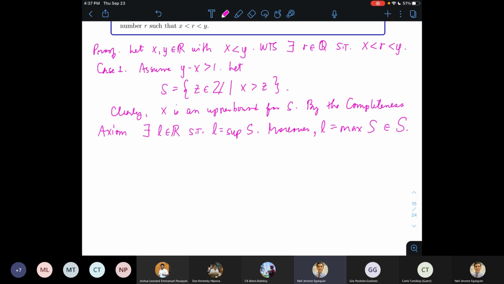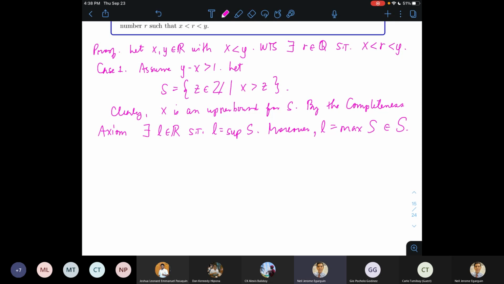Because it doesn't necessarily follow that the supremum belongs to the set. Pero in this case, it is. Kasi merong maximum member yung set S. Kasi mga integers lang sila up to some point. So ibig sabihin, that turning point right before, or the integer right before X is the maximum of S. And if there is a maximum in the set, it follows that that maximum value is also the supremum. Okay?